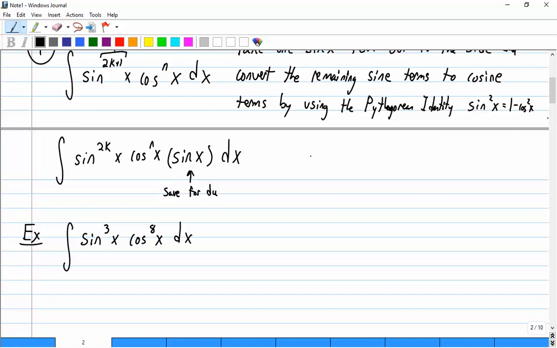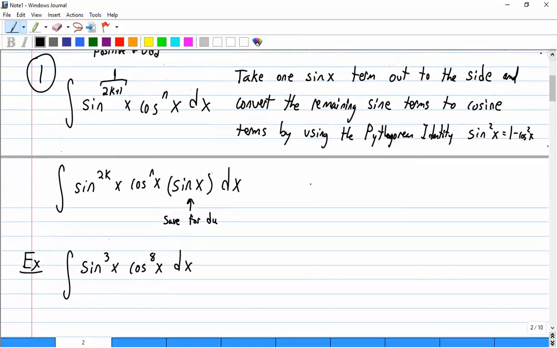So according to my rule that I wrote down up here, I need to bring one sine of x term out to the side. I'm going to do that first. So then that'll give me the integral of sine squared x cosine to the 8th x times sine x dx.